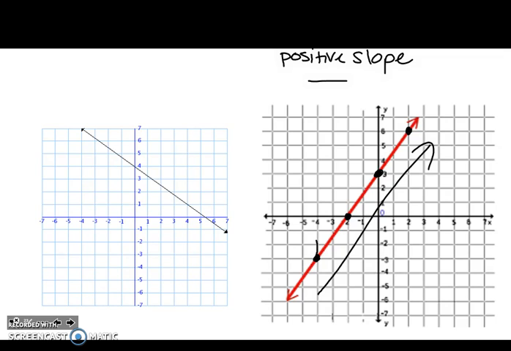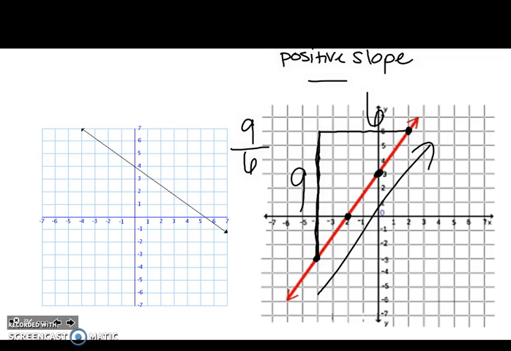So I'm going to go 1, 2, 3, 4, 5, 6, 7, 8, 9. And yes, please write the numbers on your triangle. This has to be drawn in so that I know what you counted. Then we go over 1, 2, 3, 4, 5, 6 blocks to Grandma's house. So I would go 9, because that's my rise, over 6, which is my run. Then I have to make sure it's reduced.